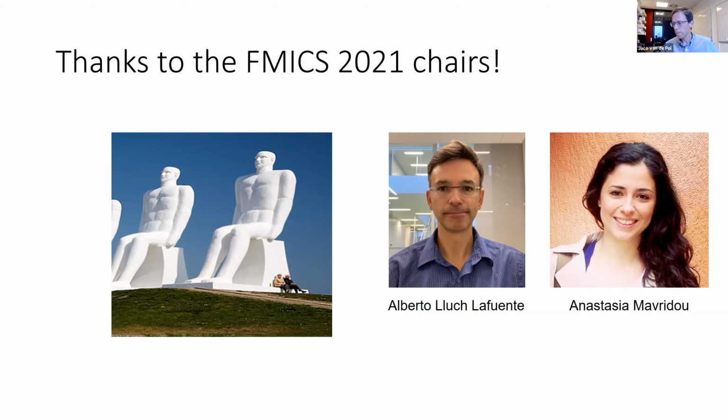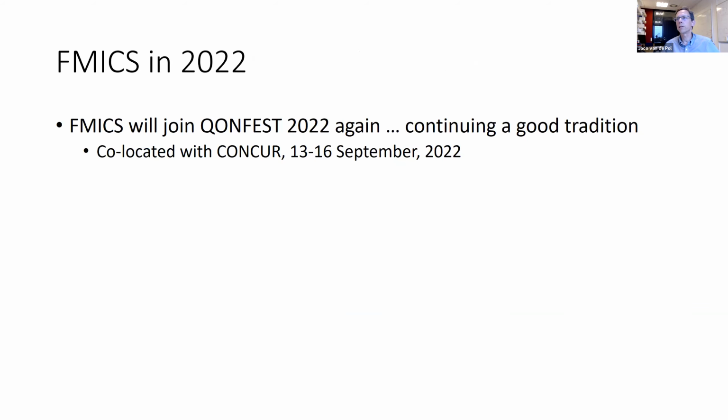So thanks a lot. I have one more slide, and that's about the future. So what will happen in 2022? I think most of you can guess, because FMICS will join ConFest again in 2022. So we started the tradition 1 or 2 years ago, and we think it's a very nice tradition. So we'd like to continue this.